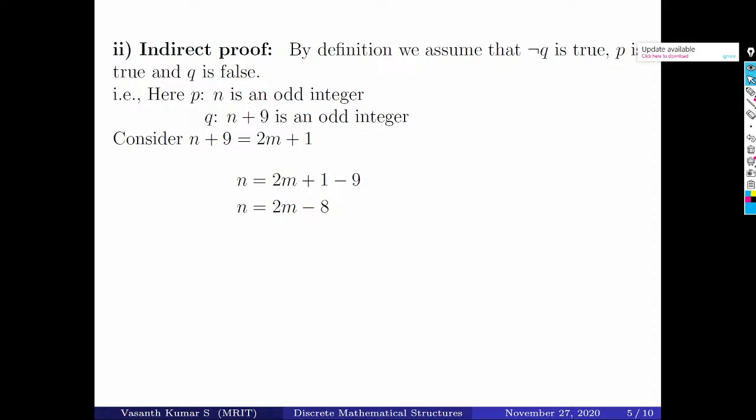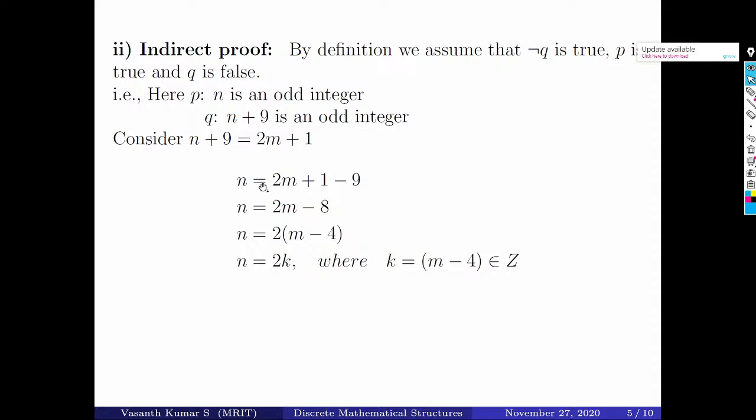Again 8 is a multiple of 2, 4 into 2, so we can take the common 2 and get 2 times (m minus 4). This can be written as k, so it becomes 2k, which is even. So n is even.